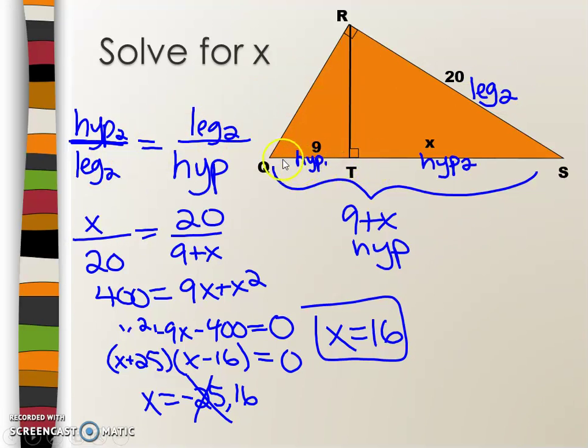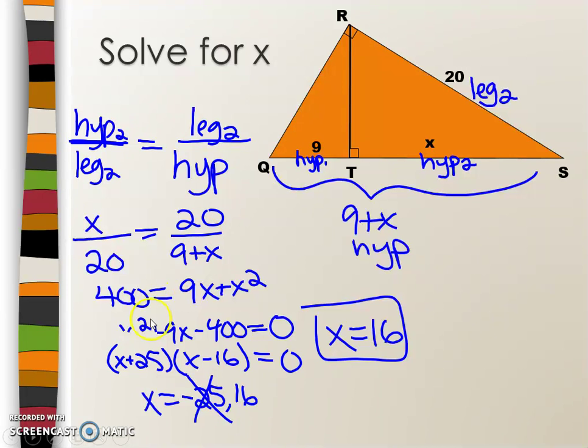If hypotenuse 1 is 9 and hypotenuse 2 is x, then the whole hypotenuse is 9 plus x, from here to here. So we're going to use 9 plus x for this: x over 9 plus x. The geometric mean is leg 2, so 20 and 20. They share this over this over the whole thing, okay?